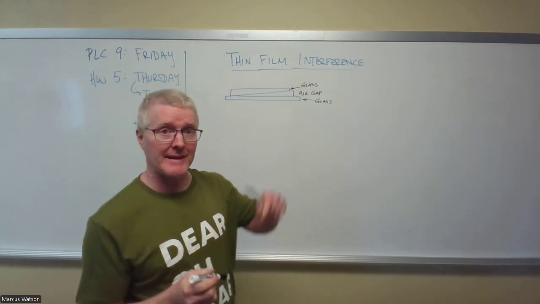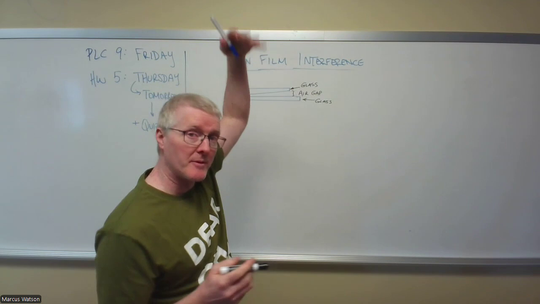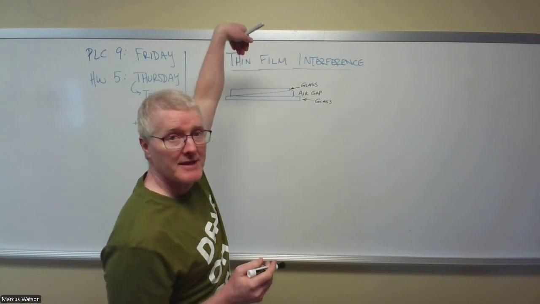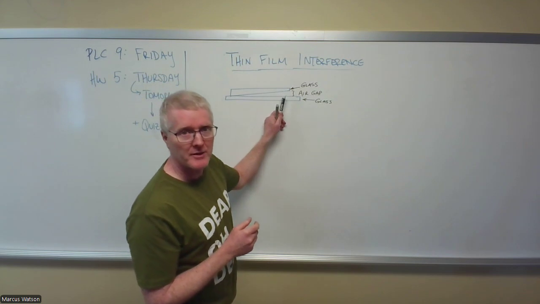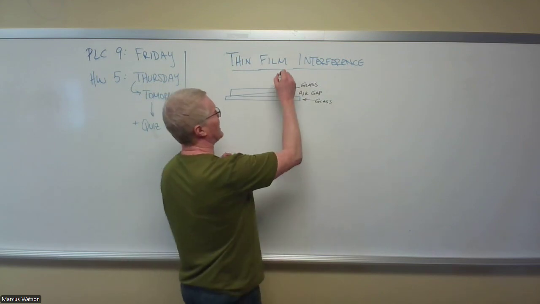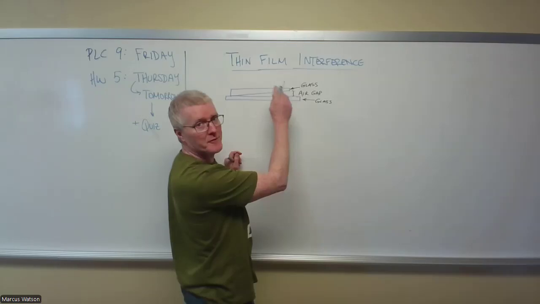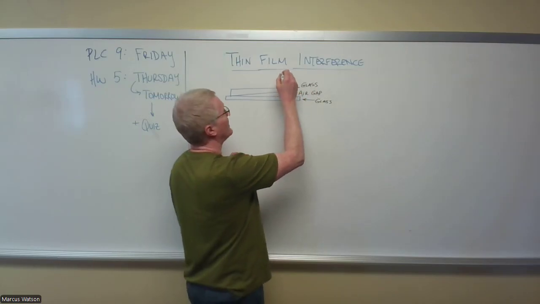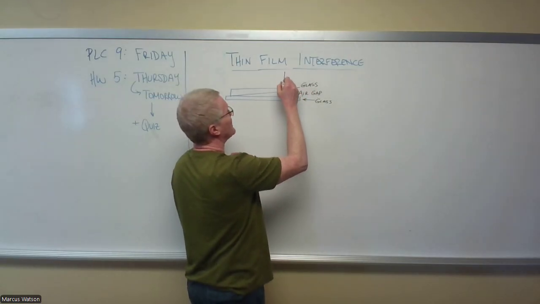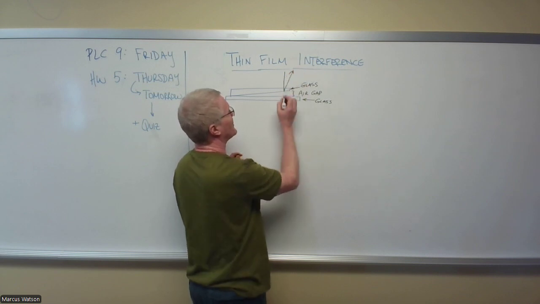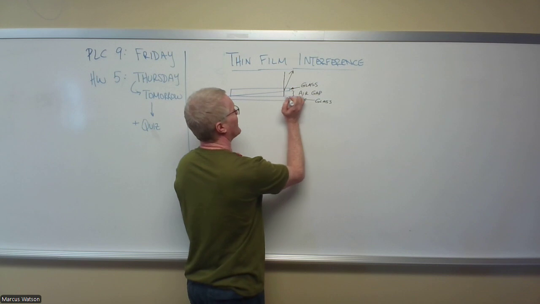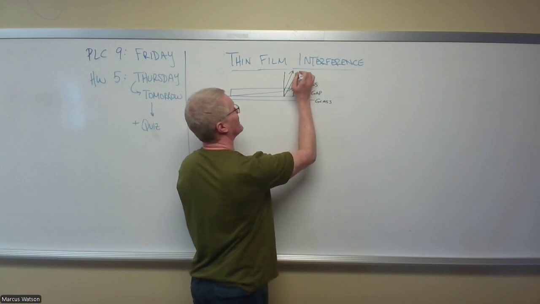Now if I shine light with normal incidence, remember this is how we deal with thin film interference, you're going to get an interference pattern here. Yes, it'll bounce off the first surface, but we don't worry about that. We'll get light reflected off the second surface here, bouncing out, and then bouncing off here.